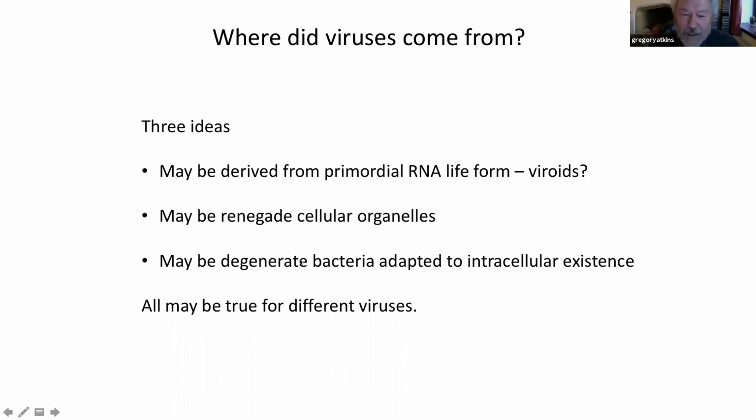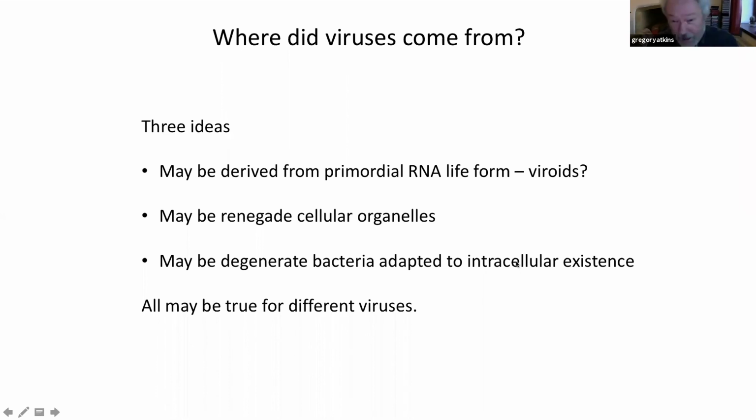And then finally, there's this idea that they could be degenerate bacteria that have become adapted to an intracellular existence. And there's evidence for this as well, because there are bacteria called the Chlamydia and Rickettsia, which can only live inside cells. They're still bacteria, but they can only live inside cells. So they may be a sort of halfway stage.